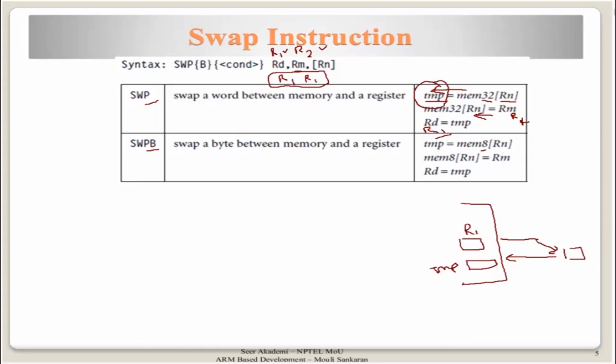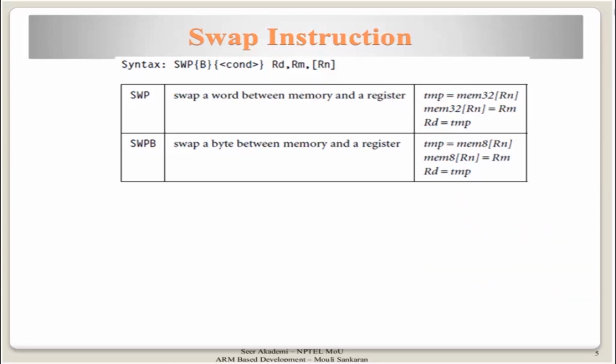So this is the memory, and this temporary location, whatever value was read from the memory, goes here. Finally, these two values are being exchanged. That is what we are doing using this instruction. So we could do either a byte or a word transfer.